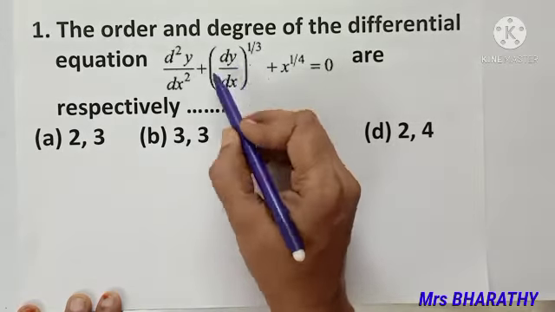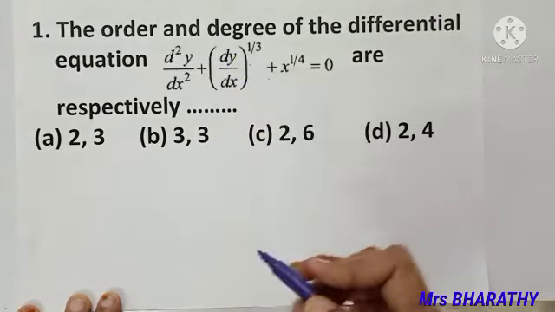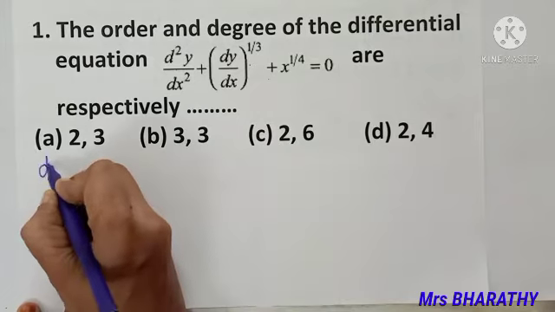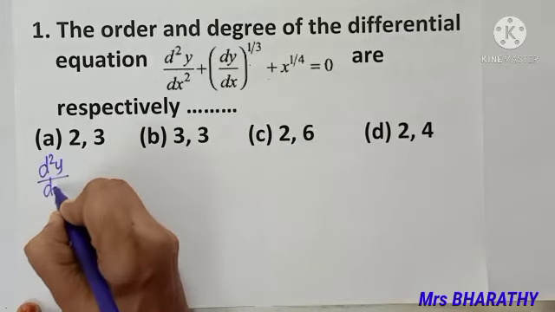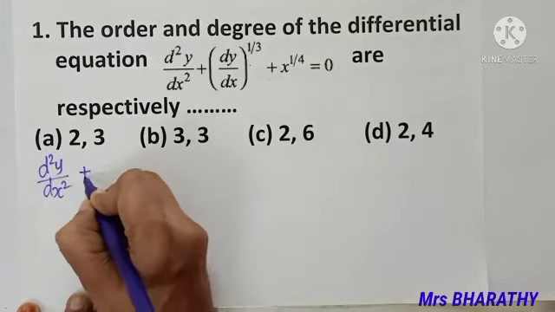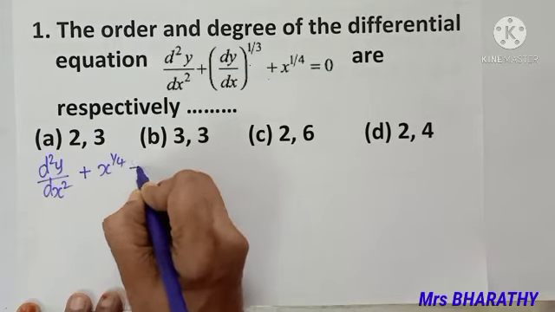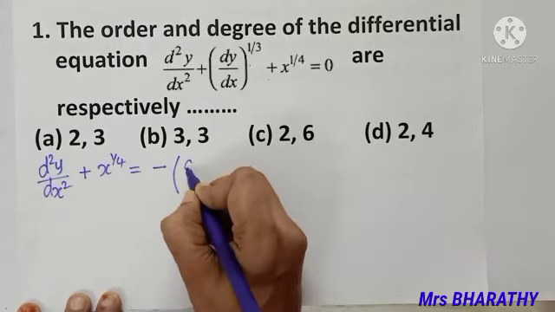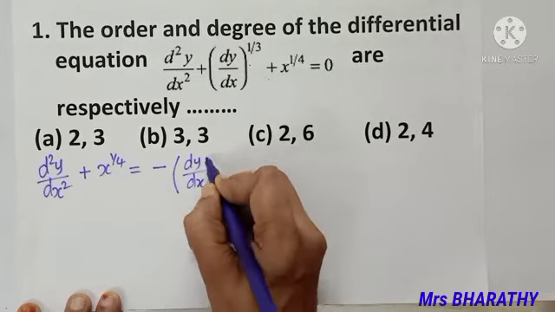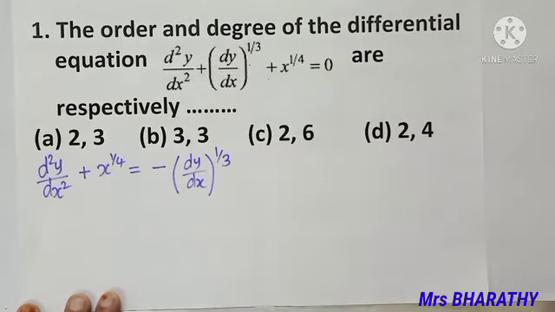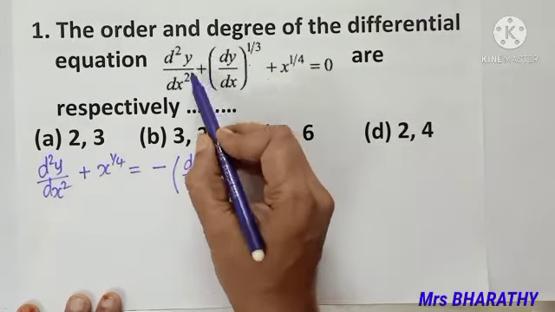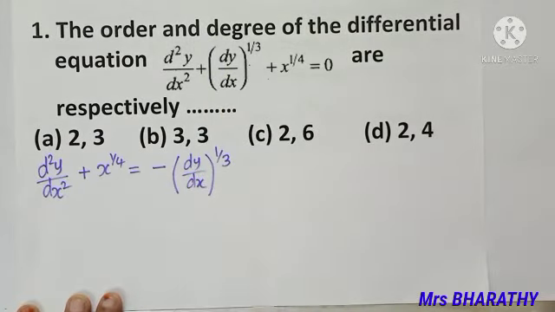So take the problematic factor to the other side. As I rewrite the question, it is d square y by dx square plus x power 1 by 4 is minus dy by dx the whole power 1 by 3. The plus term goes to the right as a minus term.